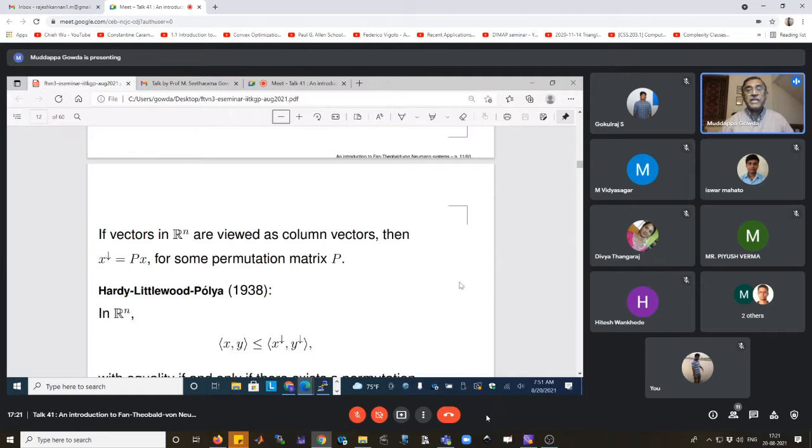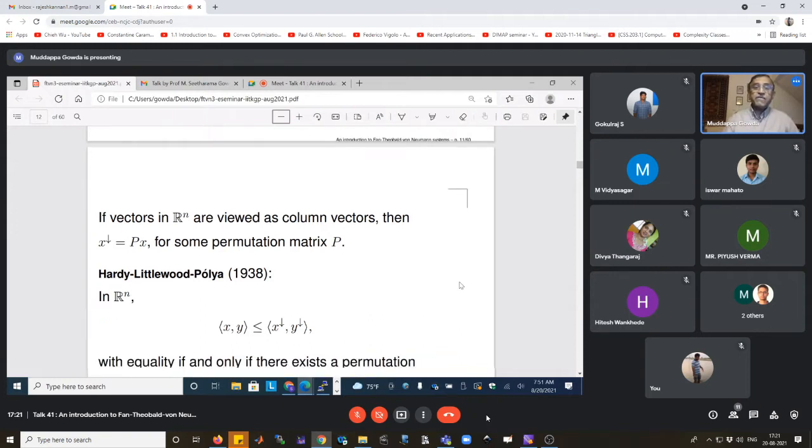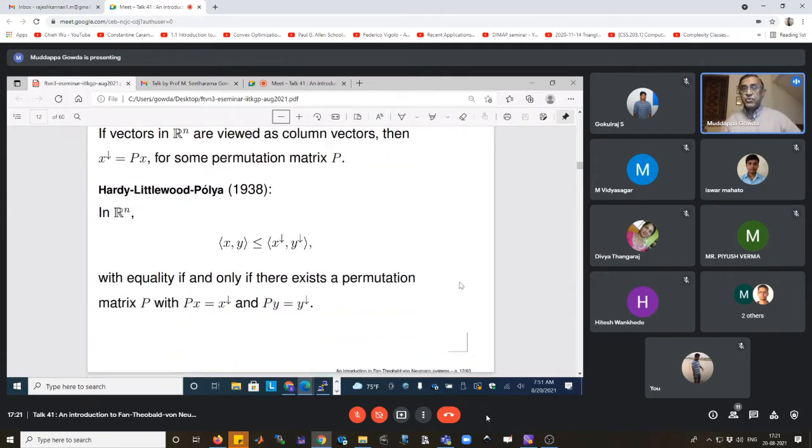Now, way back in 1938, Hardy, Littlewood, and Polya proved that in Rn, the inner product x dot y, where everything is the usual inner product, is less than or equal to the inner product of x down arrow and y down arrow. They also showed that equality holds if and only if there is a permutation matrix P with P of x equals x down arrow and P of y equals y down arrow.